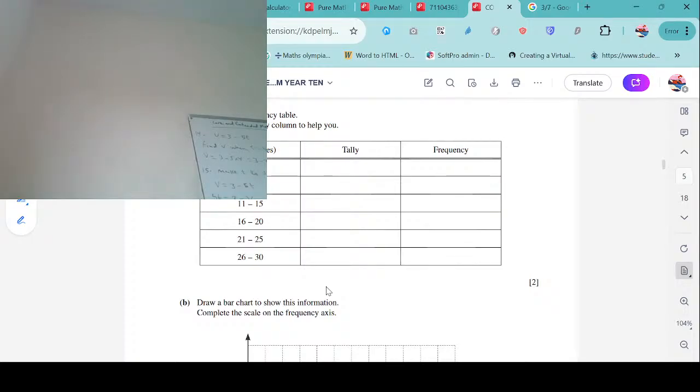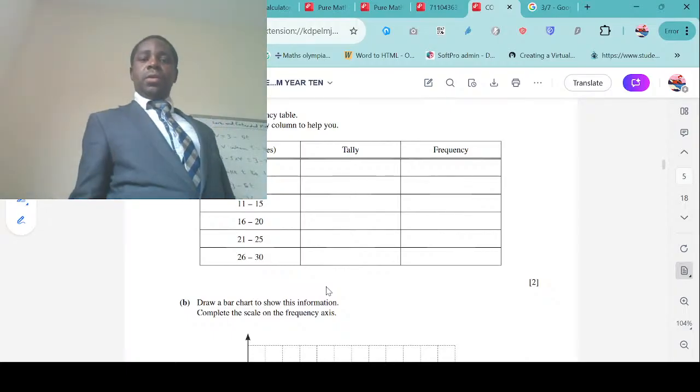Plus 16 to 20, and then 21 to 25. So you just have to be careful with what you are collecting.